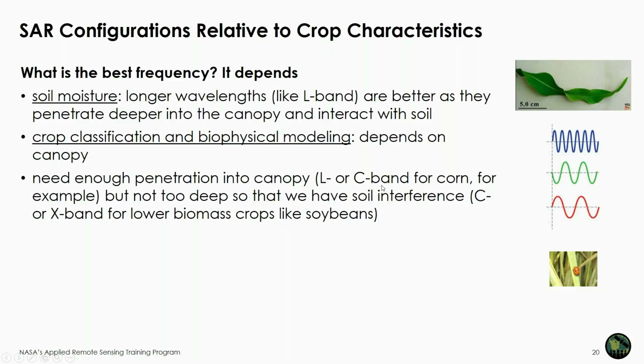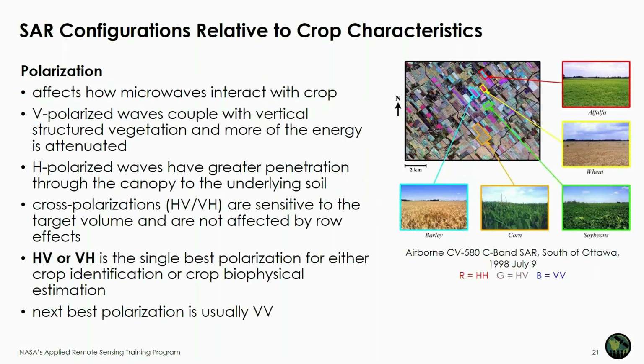So we tend to think about these longer wavelengths as better for large biomass crops, but higher frequency or smaller wavelengths, C and X band, for example, tend to be better in terms of deriving biophysical information about lower biomass crops like soybeans. So there's no simple answer in terms of what the best frequency is for deriving crop information.